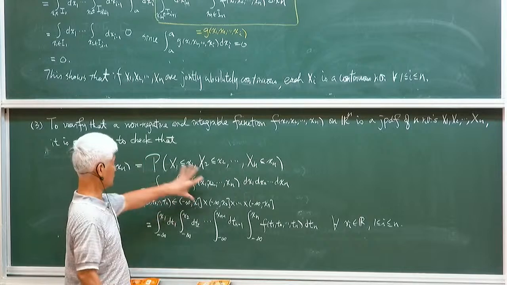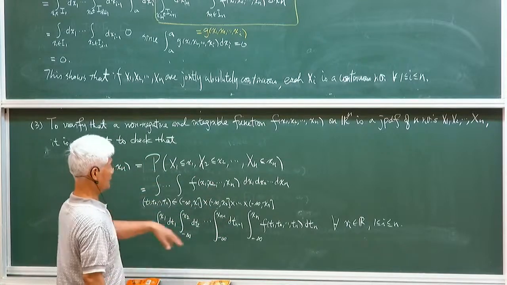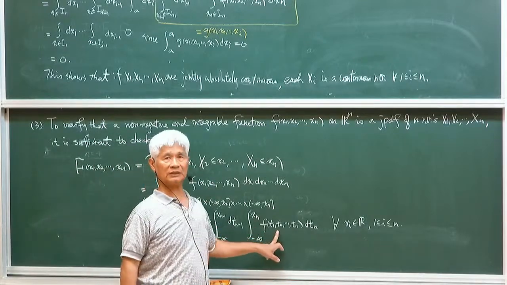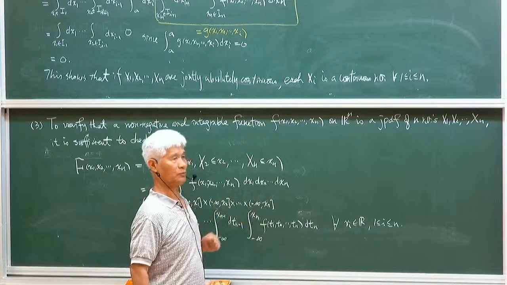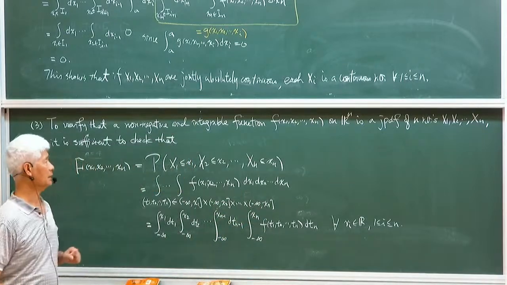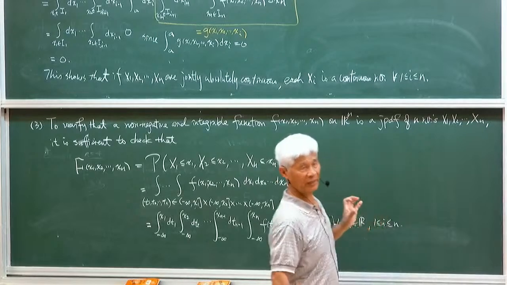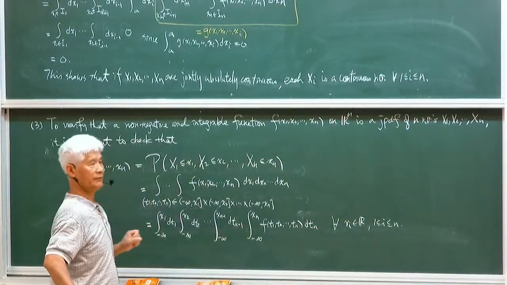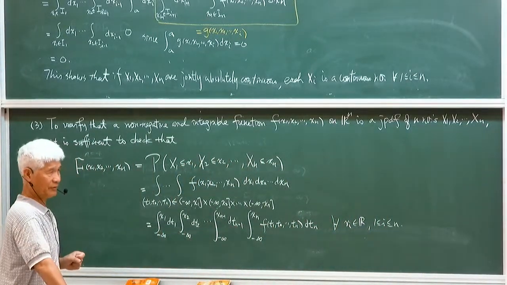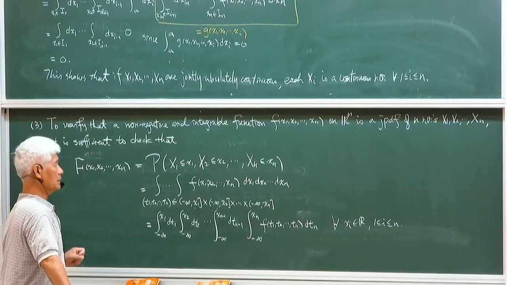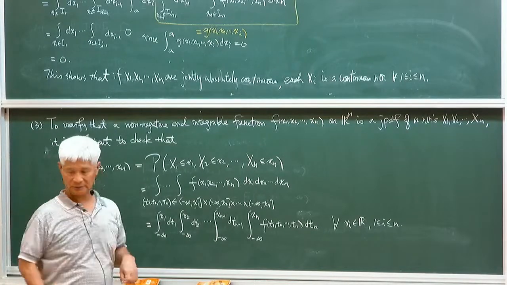If this is true, then this non-negative and integrable function f is a joint PDF of the random variables. And because we have found a joint PDF of the random variables, they must be jointly absolutely continuous.